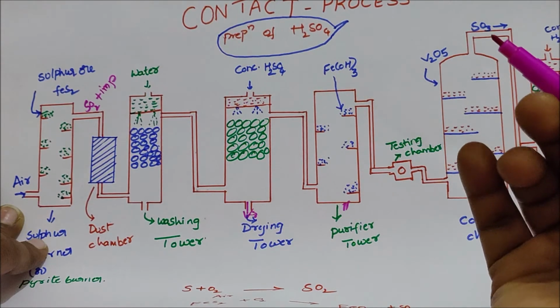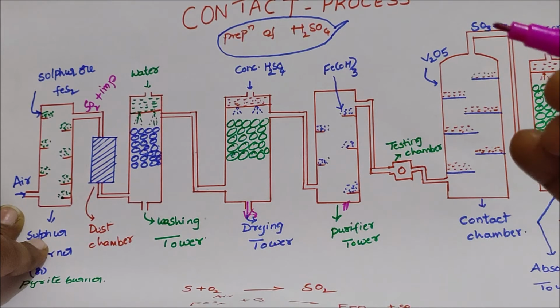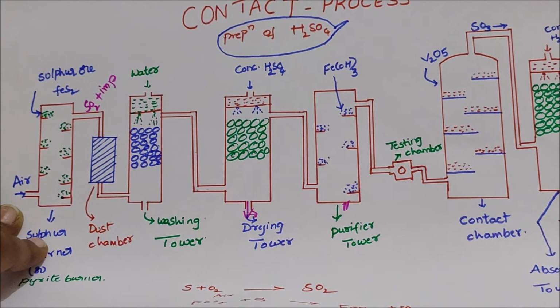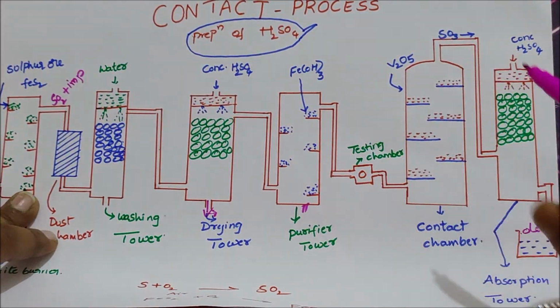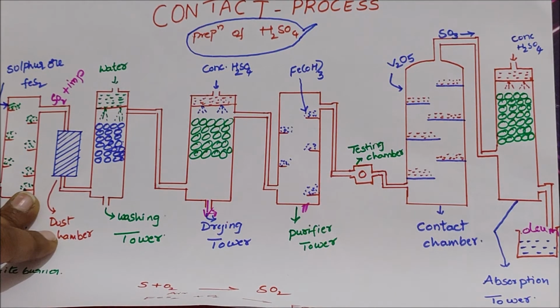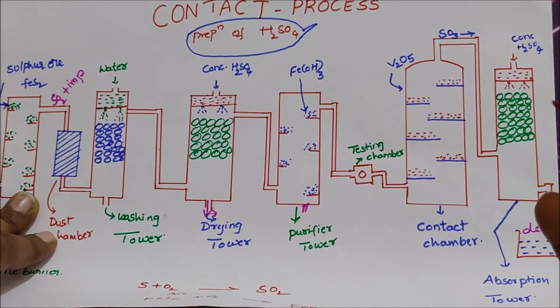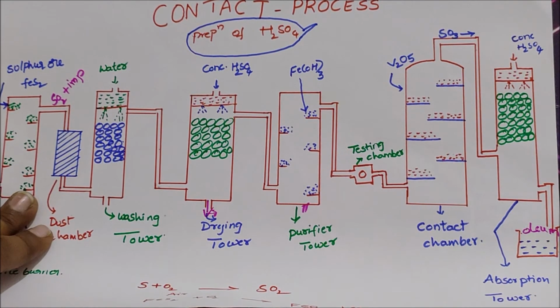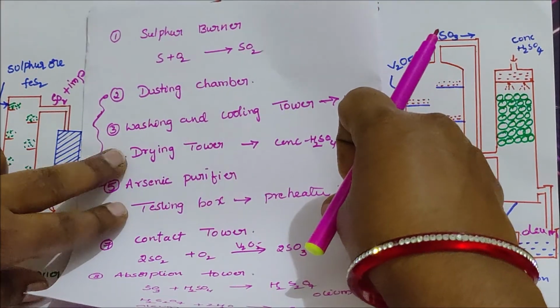SO2 and oxygen come into contact with each other to give sulfur trioxide in the contact chamber. This sulfur trioxide is passed through the absorption tower, which contains concentrated H2SO4, and oleum is formed. The oleum formula is H2S2O7.